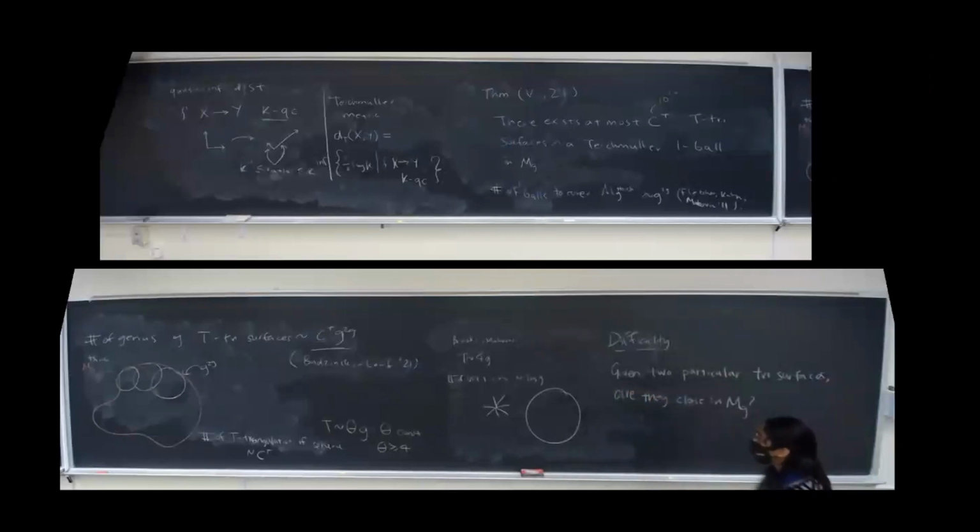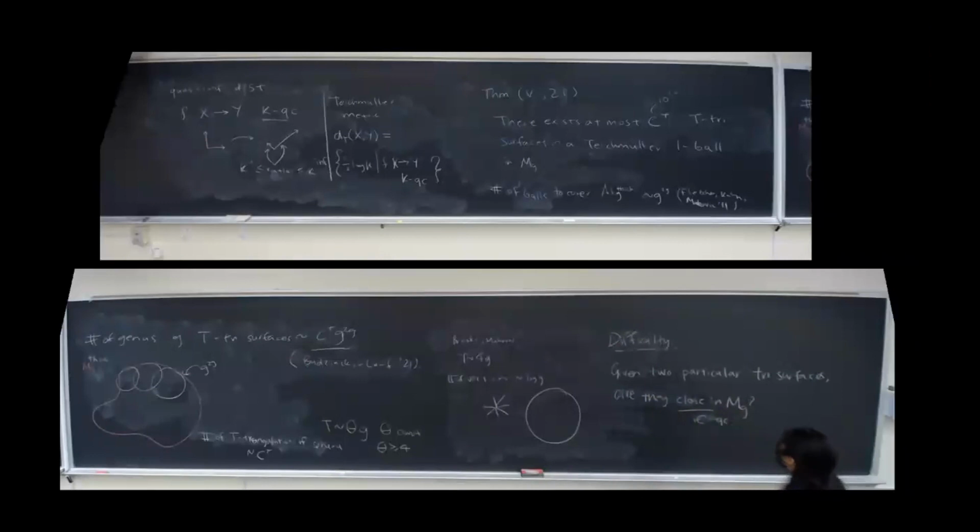So I have two particular triangulated surfaces, which are combinatorial objects, and maybe I want an algorithm to say whether they're close in moduli space. Close means order 1 or something. Yes, close means order 1.